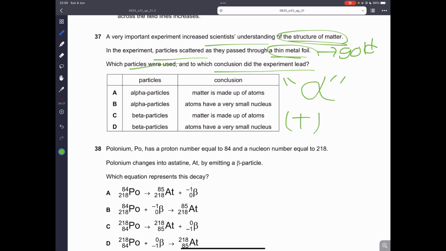The conclusion of this experiment, led by Rutherford, is that the atom is made up of a tiny nucleus in the center, and most of the matter in the atom is empty space, and therefore B is the correct answer.